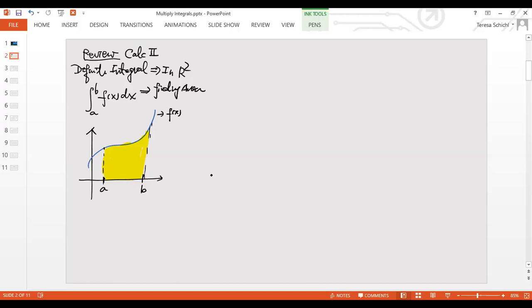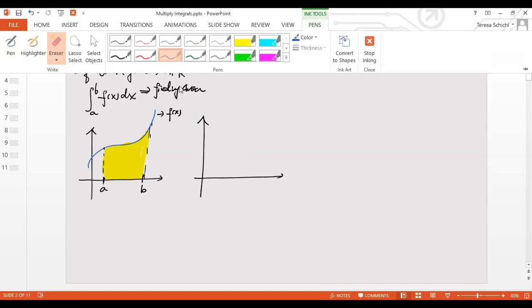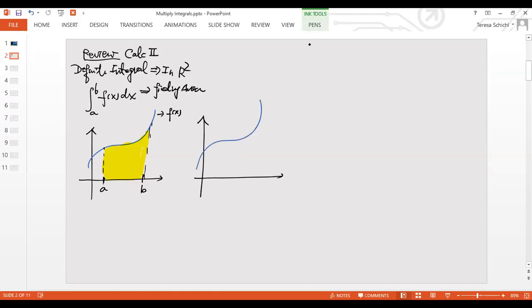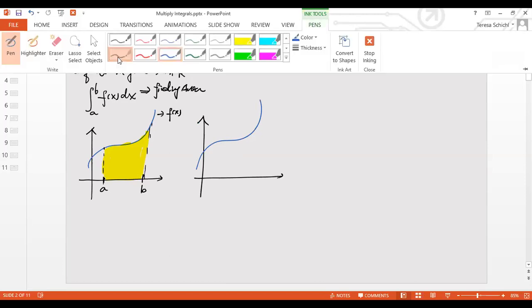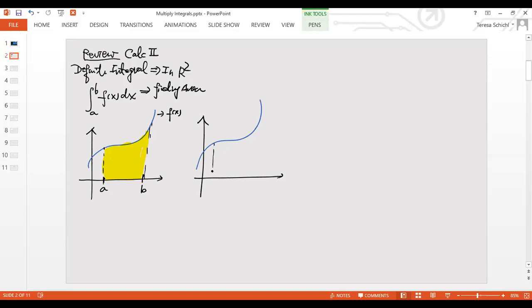Then we learned how to find the areas. For example, let's start with the same function here. This is my function, and I have a and b.